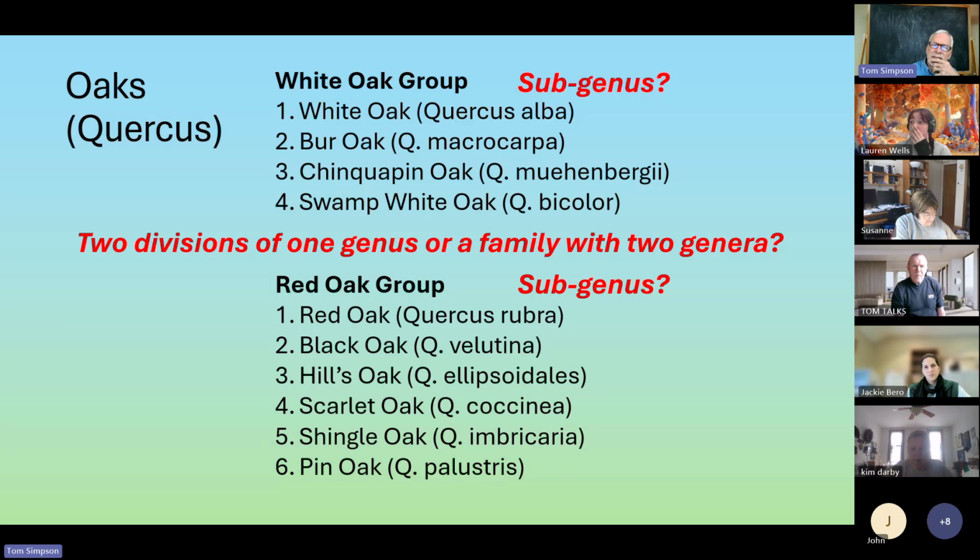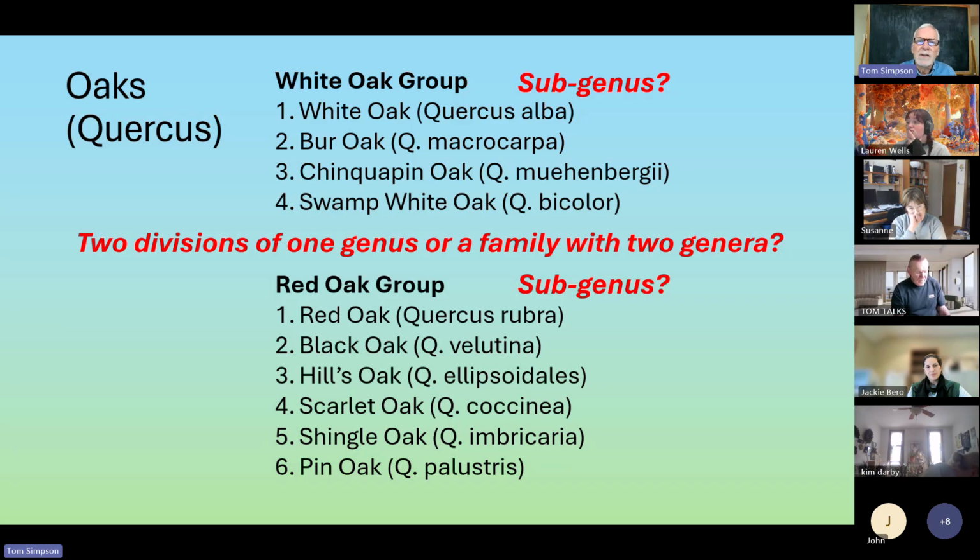And why did botanists decide that oak was a genus? Well, the answer to that question is that they didn't look under a microscope and find a magic feature that told them, ah, yes, oak is a genus. What they did is they looked at many different kinds of oaks, at the groupings of oaks, then they looked at what they're related to, like beeches and chestnuts. And there are some southern hemisphere beeches and oak relatives that are all in a family.